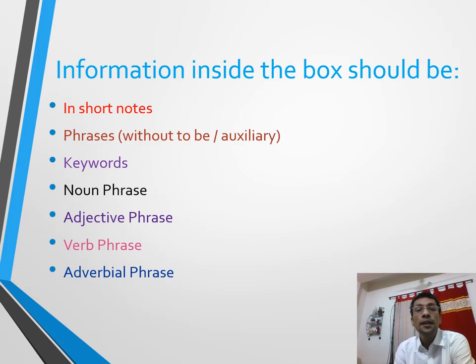Keywords should be chosen, or it can be made into a noun phrase, adjective phrase, verb phrase, or adverbial phrase. That is the information that you must include. The box will have to follow certain rules that I have just shown in this slide. Let's go to the next slide then.